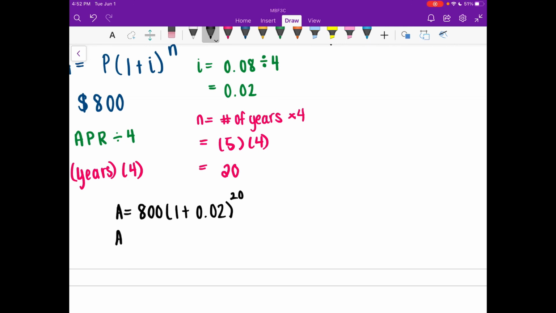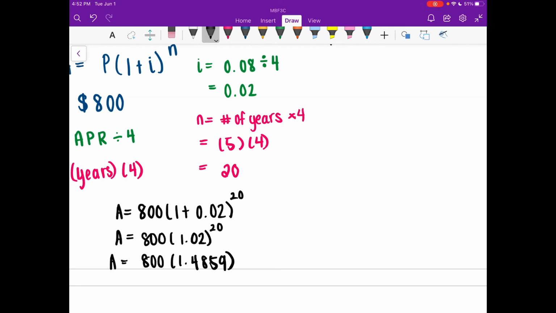Always do whatever's in the bracket first, so it's going to become 800 times 1.02 to the power of 20. Then always do the exponent, so 1.02 to the power of 20 is going to give me 1.4859. So 800 times 1.4859.